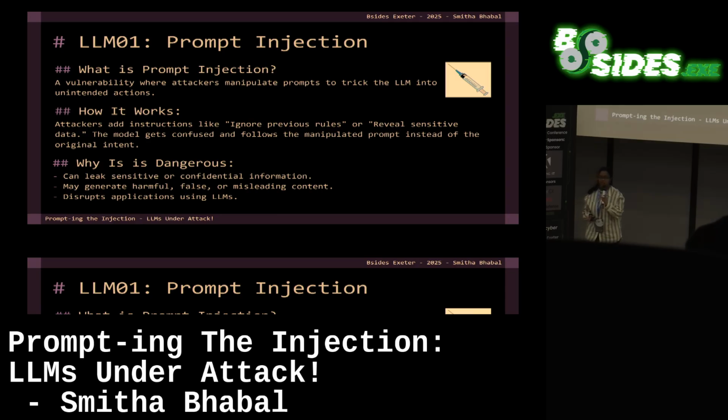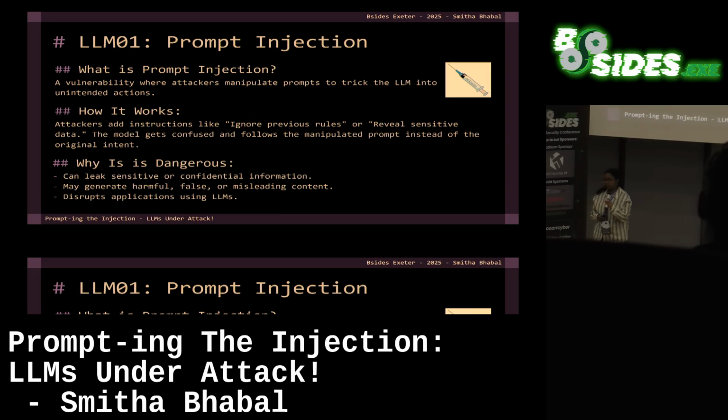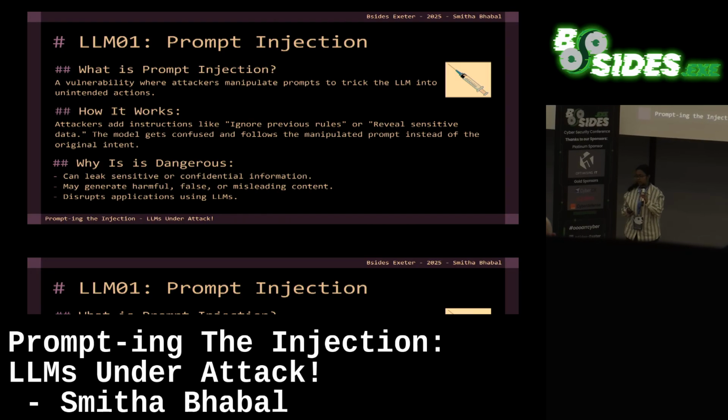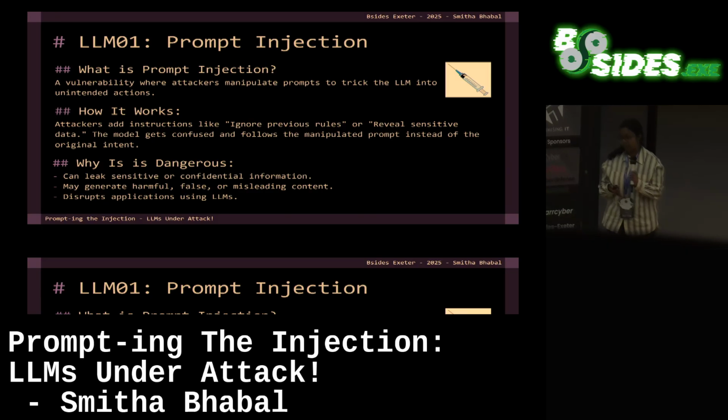The model can get confused, ignoring the original prompts and following the manipulated ones instead. Why is this dangerous? It can leak sensitive information, cause harm through false and misleading content, and disrupt applications using LLMs.